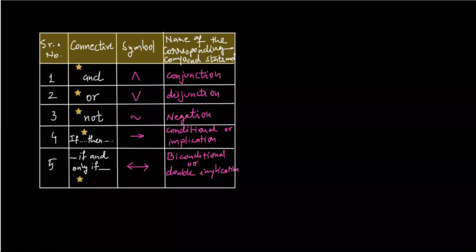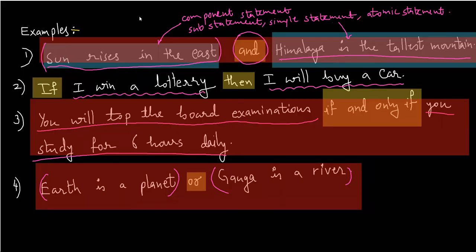It means that you have used this particular logical connective and you form a compound statement. This compound statement is a conjunction. What is this whole compound statement known as? It is known as conjunction.